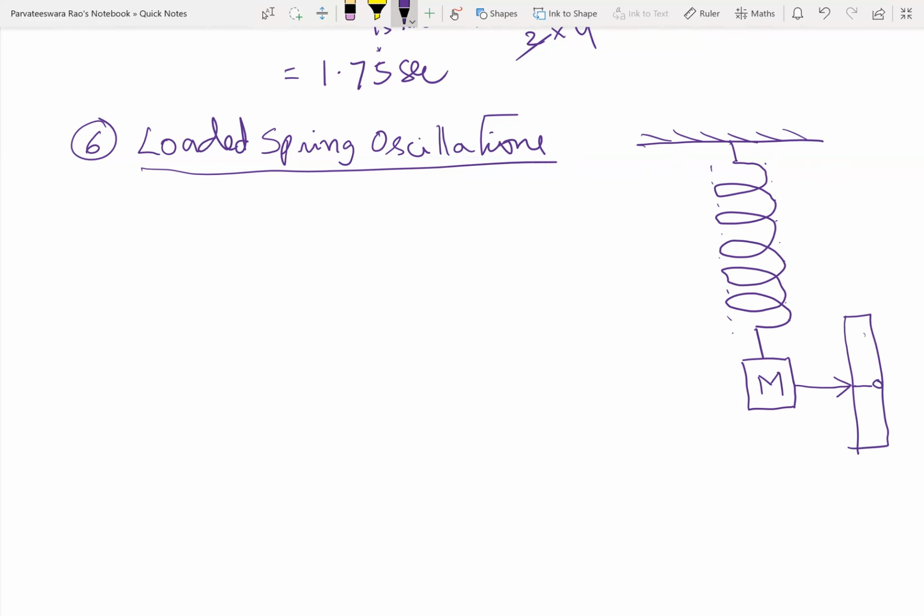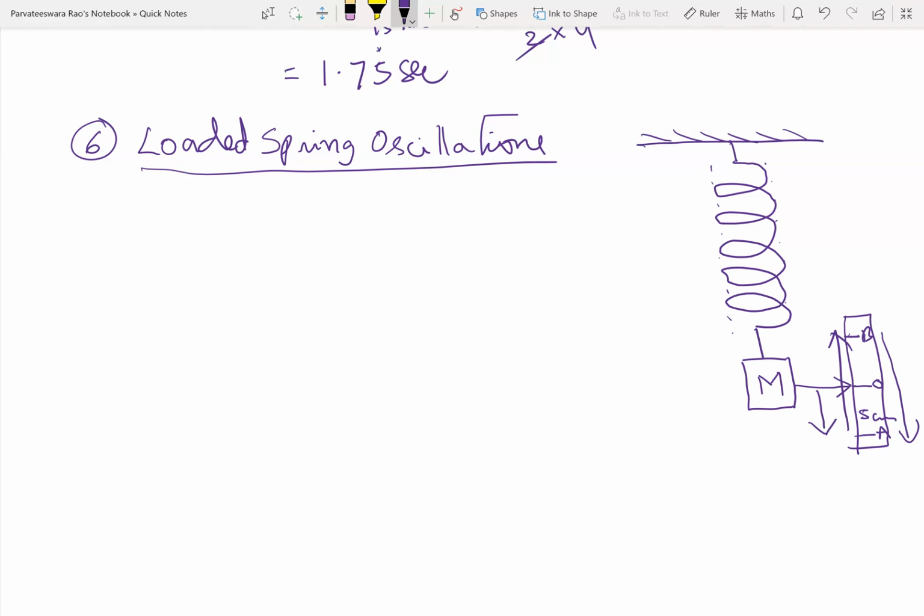When you pull it down and release, it will go up to some point A, say some 5 centimeters. And then once you pull it and leave it, from A through O, it goes up to B. Again from B, it comes back to A. Like this, it makes up and down oscillations about the mean or equilibrium position.